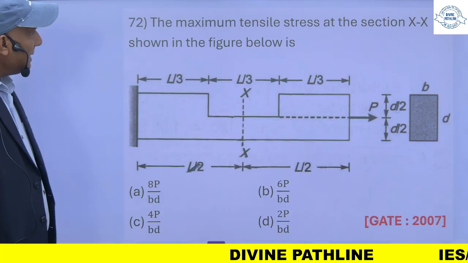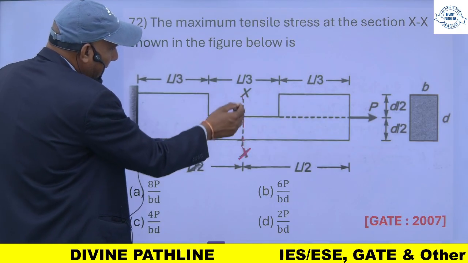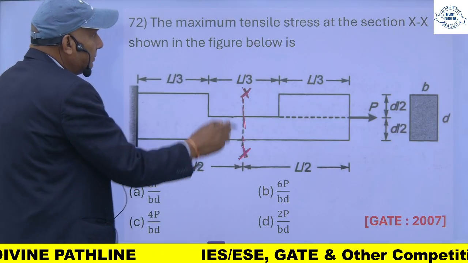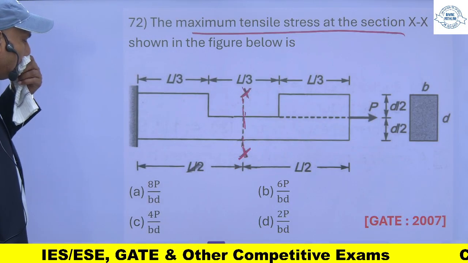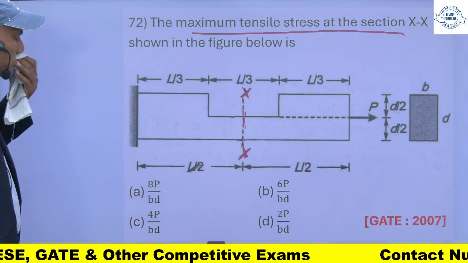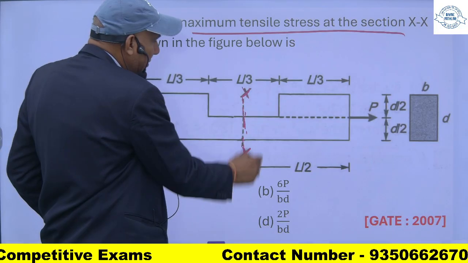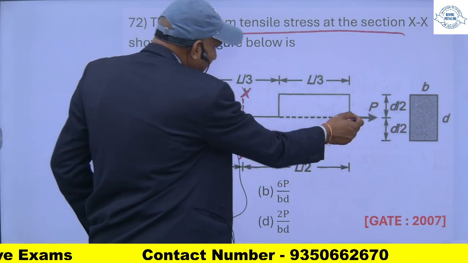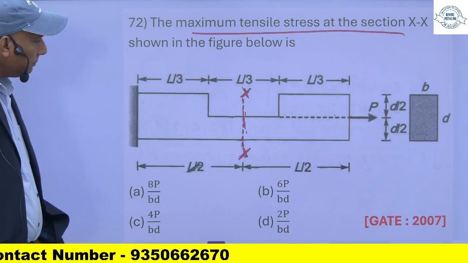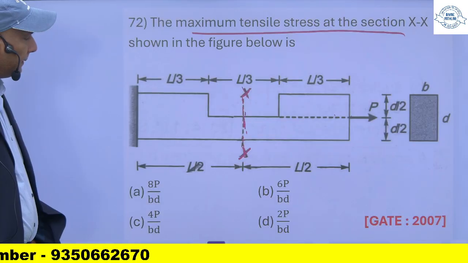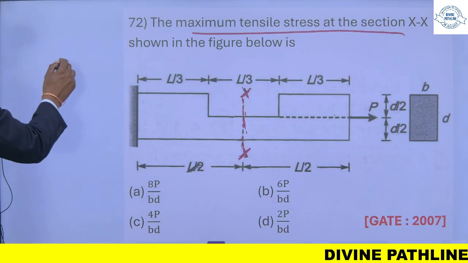The maximum tensile stress at the section XX, at this section, in the figure below, is how much? So if you cut this section, the force is passing like this. If you cut this, it will be like this.